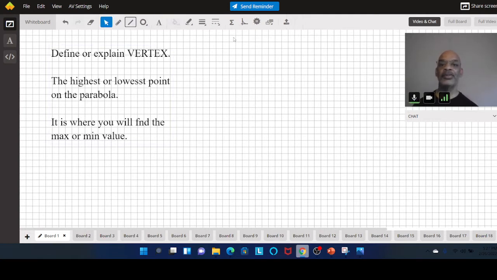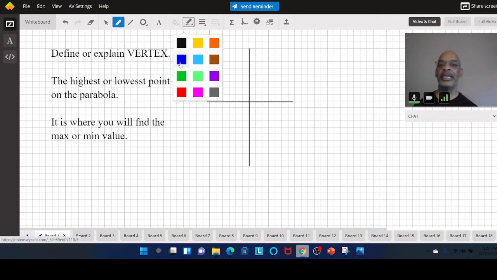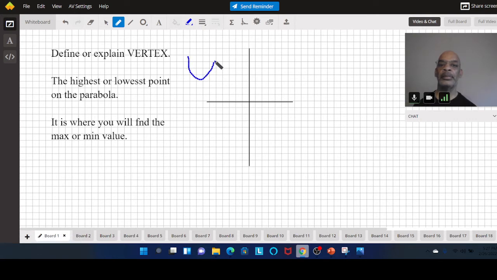Let's sketch a graph and see what that looks like. Get a visual representation. You might have a parabola opening up, in which case the vertex will be located here as a minimum.